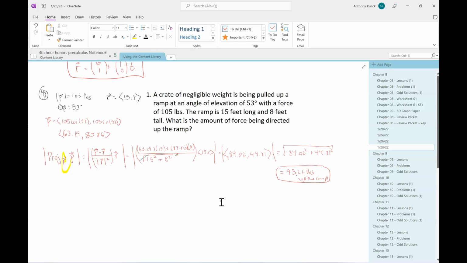On these kinds of questions, where you're figuring out how much you're actually moving in the direction you want it to move, you would never project the direction onto the force. You know what I mean? When you stop and think about it, what does that mean? The ramp's not doing anything.